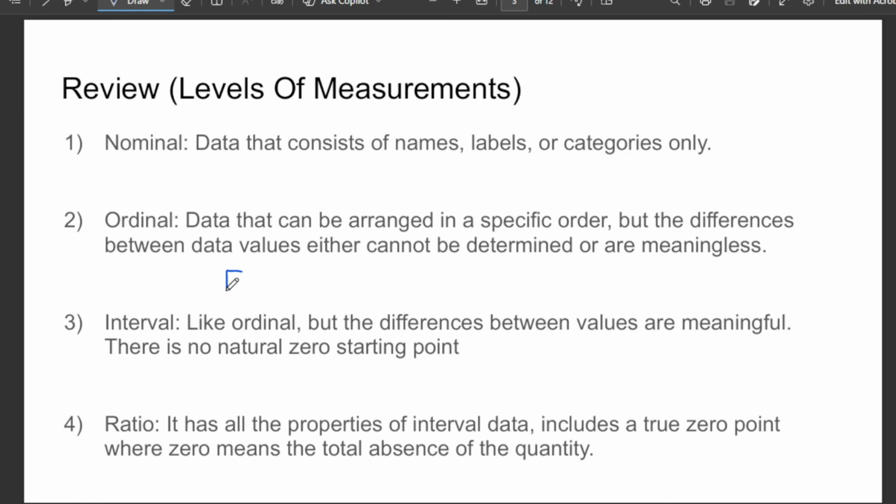Grades have F, E, and then D, and C, and there's B and A. So it has to be in order. A is the highest and F is the lowest.